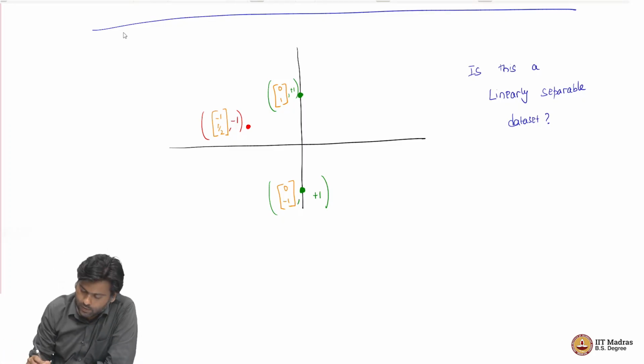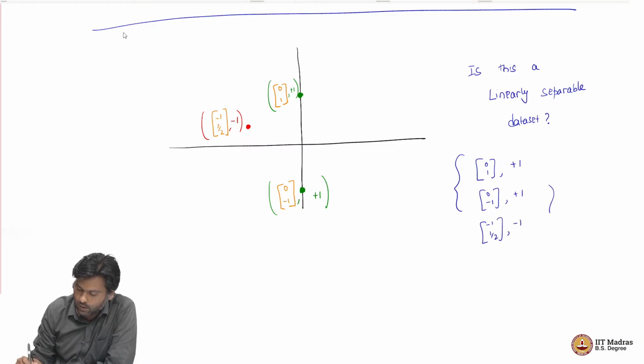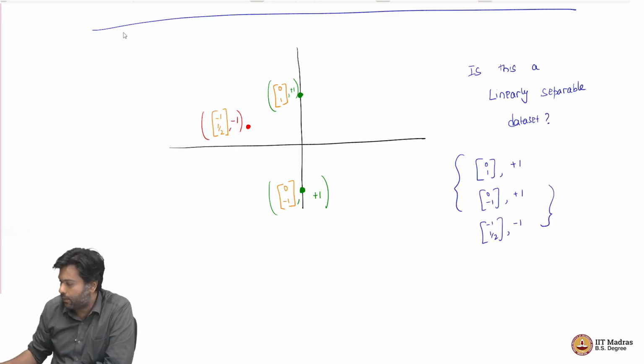So, just to make sure, this is our data set, right. 0 comma 1 comma plus 1, 0 minus 1 plus 1, minus 1 half, which is minus 1. This is our data set.